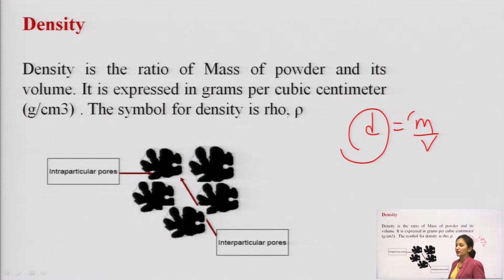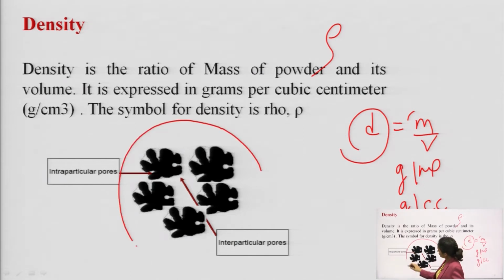It is expressed in grams per cubic centimeter or gram per ml, because we can replace cubic centimeter with ml. So you can say gram per ml or gram per cc. The symbol of density is rho.